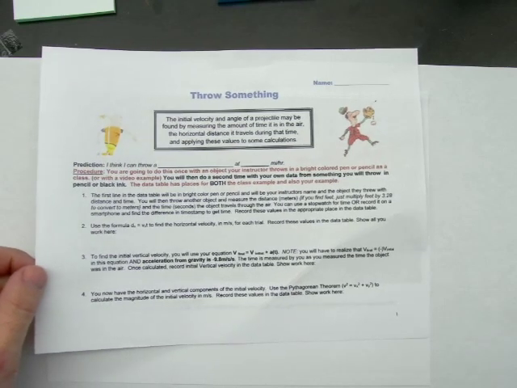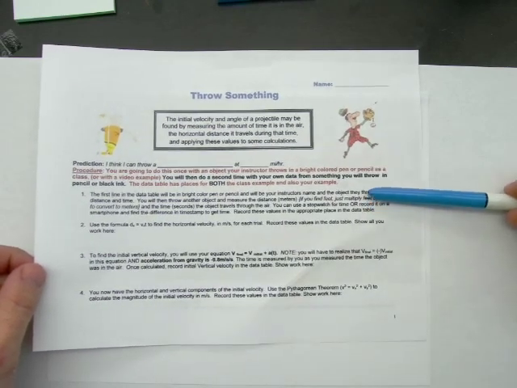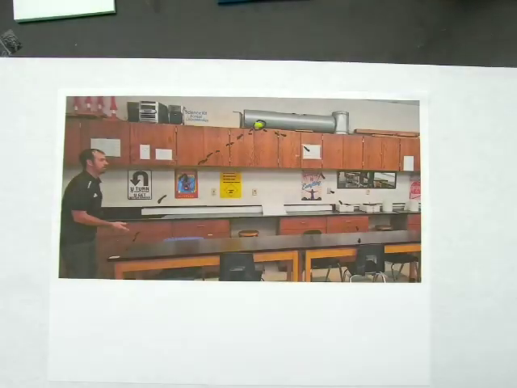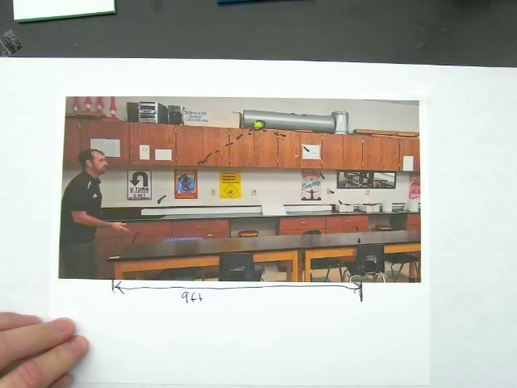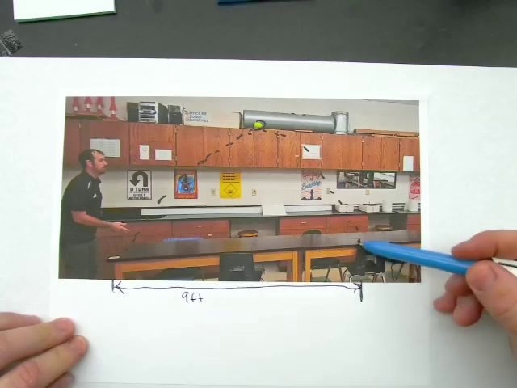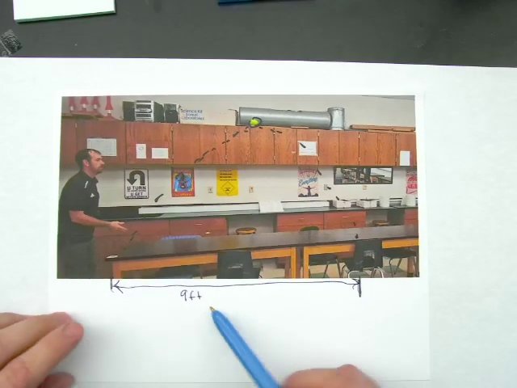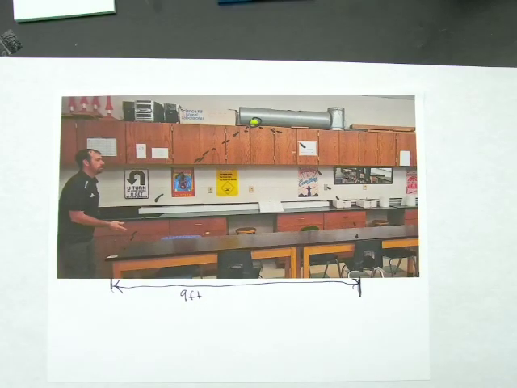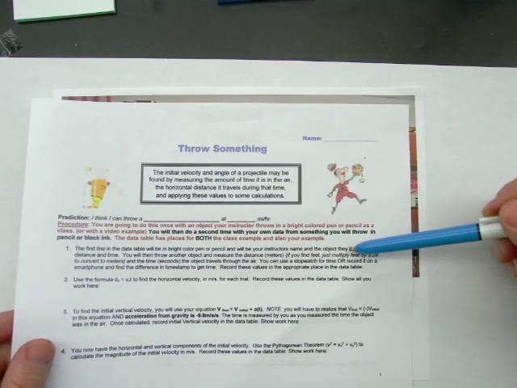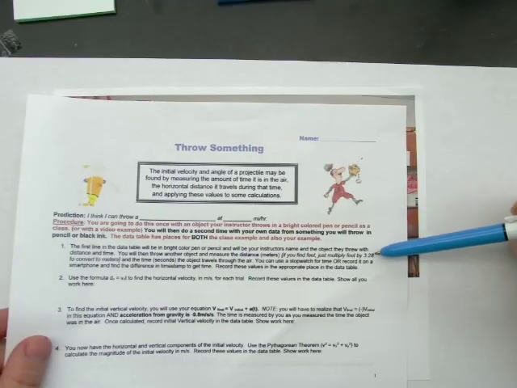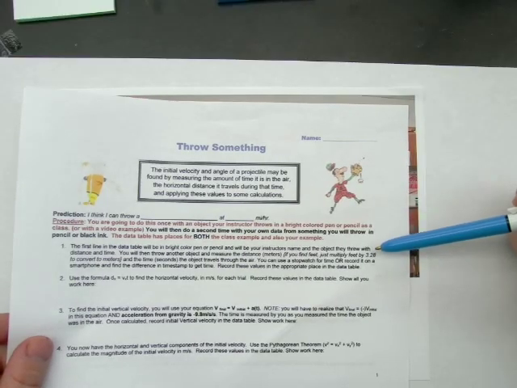What you need to get when you throw it, this is what this first line tells you, is a distance and a time. For me, when I threw my tennis ball, I was able to measure the distance along here, from where it struck the table to where it left the table. That distance was 9 feet. In your instructions, it tells you that if you end up with something in feet, just multiply it times 3.28 to convert it to meters.